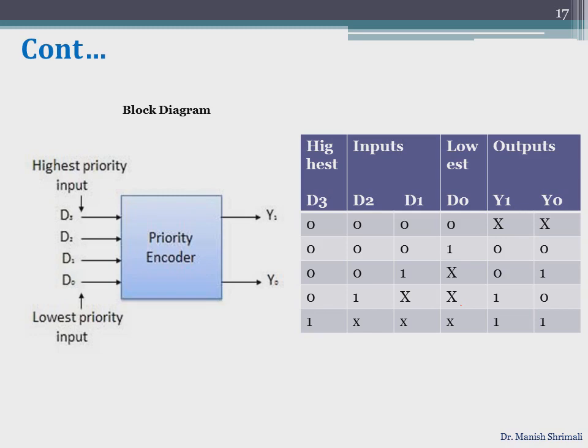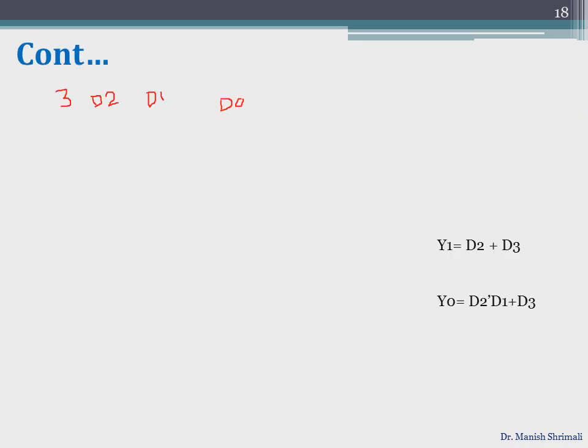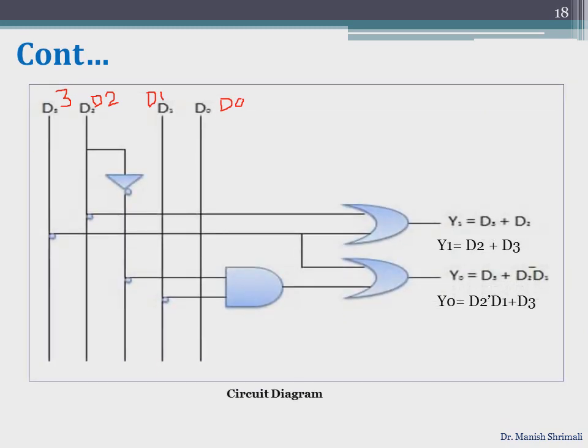Depending upon this truth table, we have the circuit diagram as shown. Here you can see that Y1 we are getting as a result of D2 plus D3. This is an OR gate and this is a NOT gate. There are 2 inputs coming in.